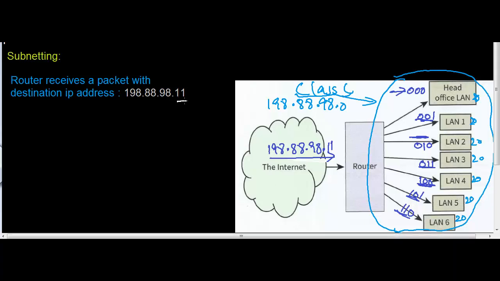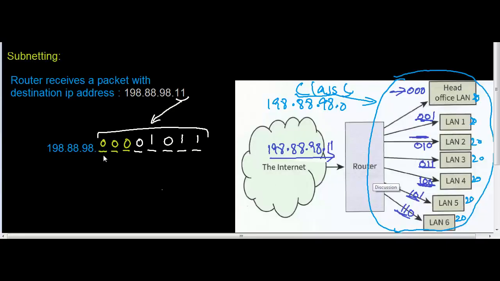To find that out, let me write the value of this last octet in binary form. So the last 8 bits, which are basically the host bits in a class C network, have been written down in binary form. But as you can see, out of these 8 bits, we are using the first 3 bits for the subnet ID, and the subnet bits in this case are 0, 0, 0.